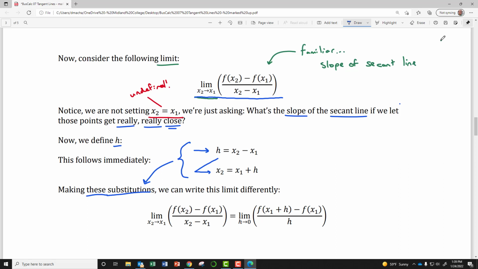And then instead of x2 over here, we can write x1 plus h because of this definition. And in the denominator, instead of writing x2 minus x1, we can write h. So hopefully you see how these two limits are actually the same thing after we define what we mean by lowercase h. Lowercase h is just the difference in the horizontal direction between x2 and x1.